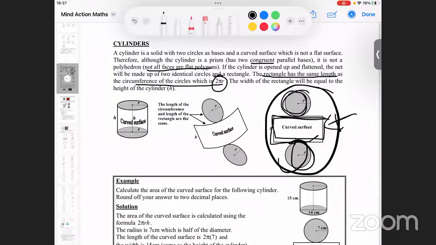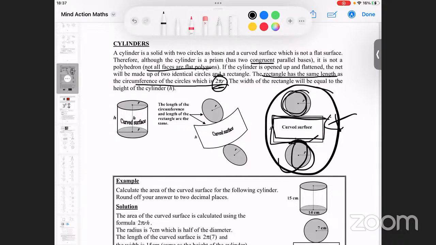In case we have a question somewhere, when we do the questions, if they ask you how to calculate this, then you can use this formula, because they say it has the same length as the circumference of the circle, which is that 2 pi r over there.